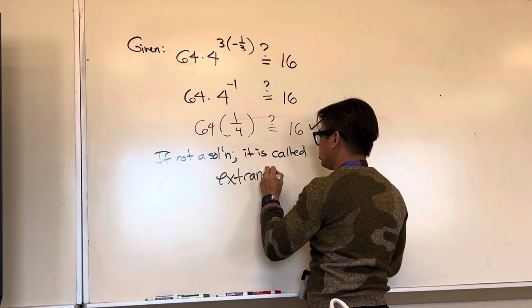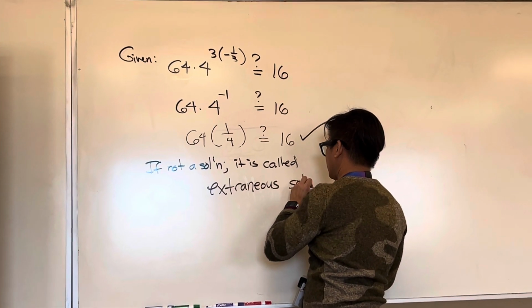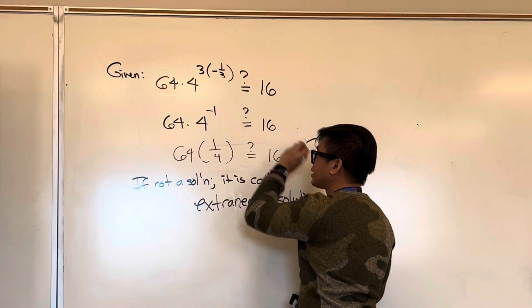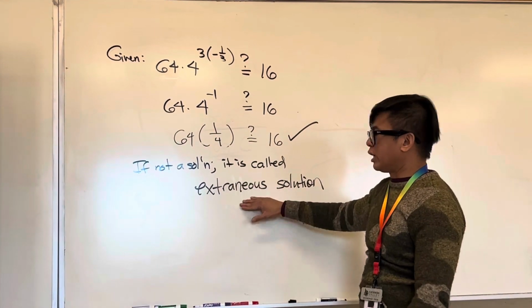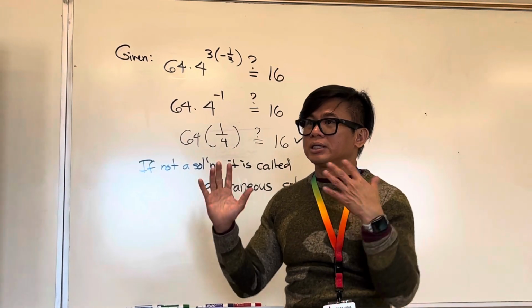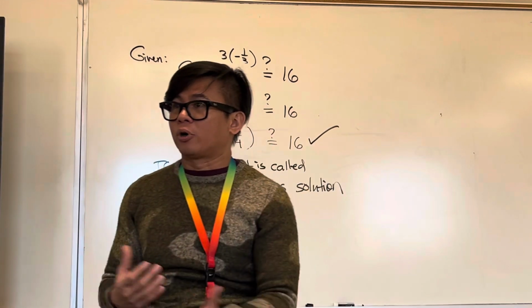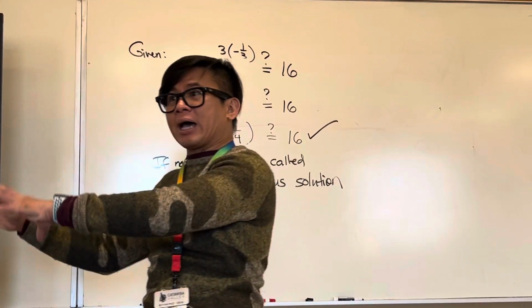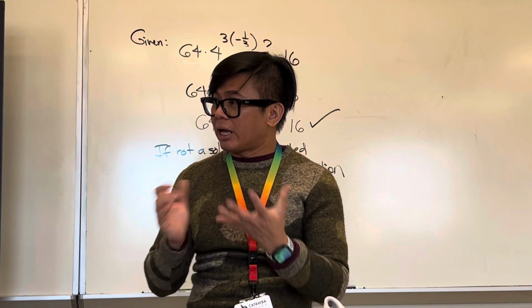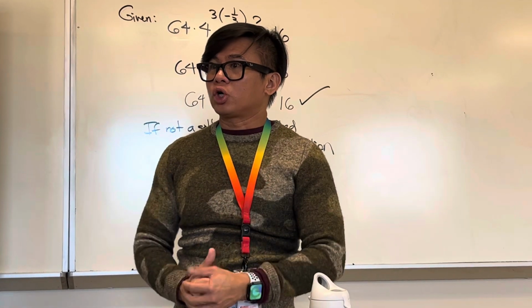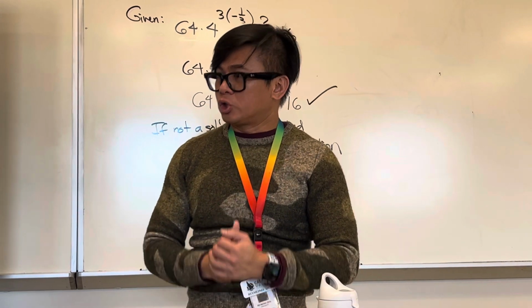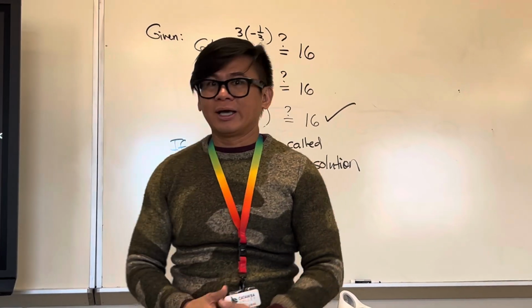If it turns out that when you back substitute into the equation it doesn't come out right, then it's an extraneous solution. It's a solution in the algebraic process, but if you put it back into the given equation it fails, and it does happen in some situations. That is called an extraneous solution. Are we good, guys? All right, so thank you.